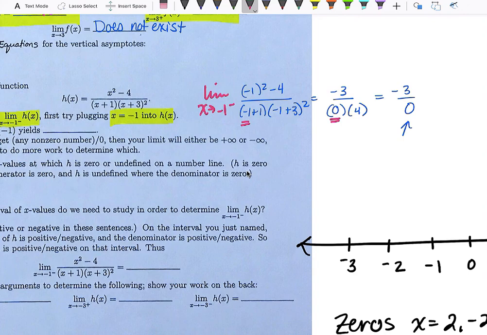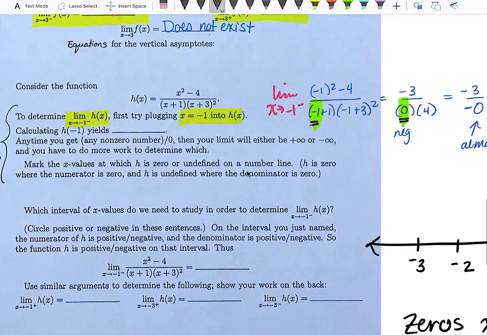If we're plugging in something slightly smaller than -1, that 0 is not actually 0, it's a number slightly smaller than 0, so that's actually a negative number. So this is almost 0, but not quite. It's slightly negative, but extremely small. So when we do -3 divided by a negative number that's extremely small, that's going to blow up to positive infinity. So this is going to be the result of this limit.